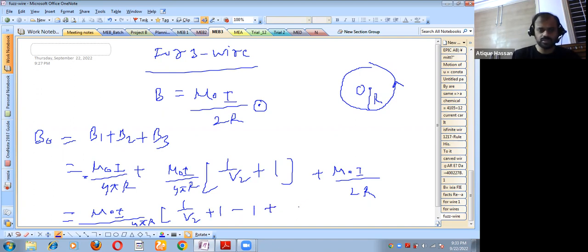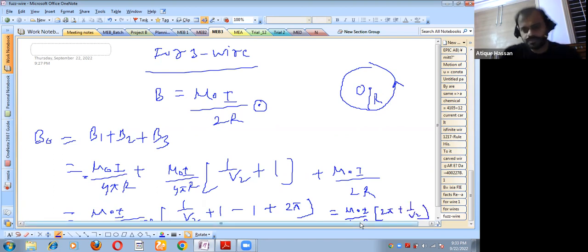So mu naught I by 2r is common, so here we have to apply 2 pi, right? Actually like this. So what is the value we are getting? Mu naught I by 4 pi r, and 1 and 1 will cancel out. So 2 pi plus 1 by root 2. Everyone understood this?